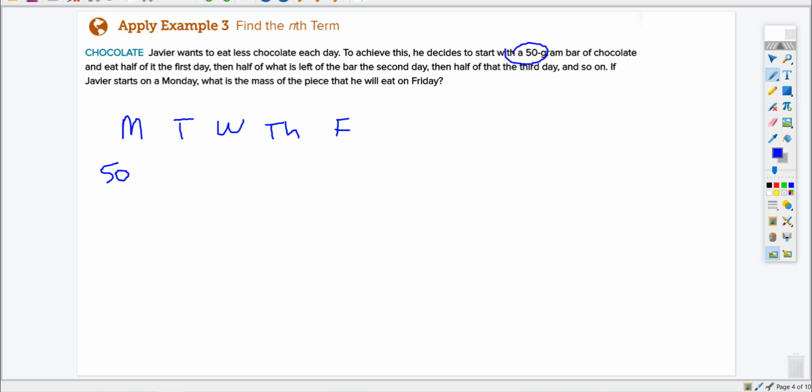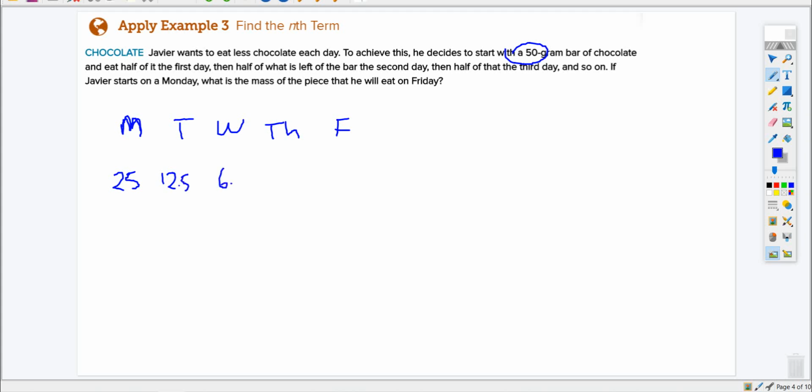Since we are starting with 50 and we are going to eat half of it the first day, he will eat just half of 50. That is 25. Okay, next day, Tuesday, he ate 25 grams already, and there's 25 grams left. Half of that leftover is going to be 12.5.